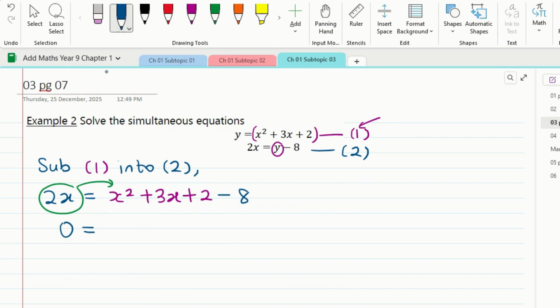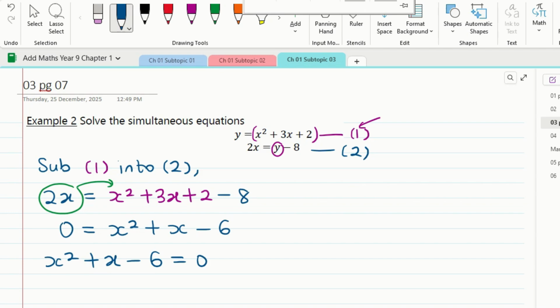Then it's going to be x squared plus 3x minus 2x, simplified will be positive x, and then plus 2 minus 8 is going to be negative 6. So let's turn this around, and now you have x squared plus x minus 6 equals 0.